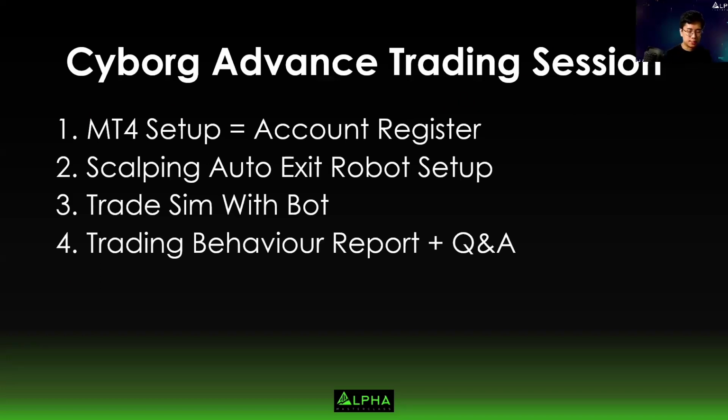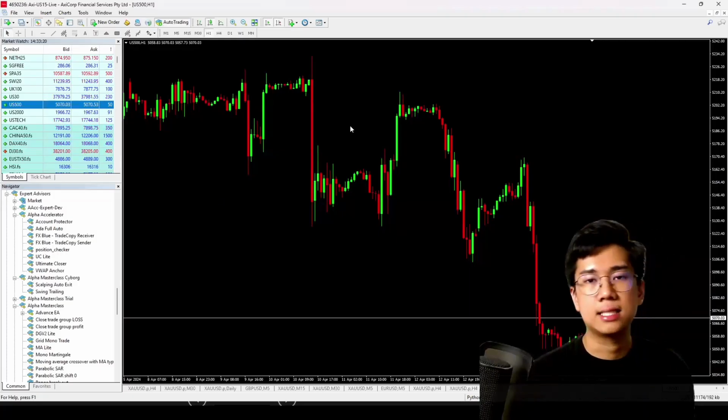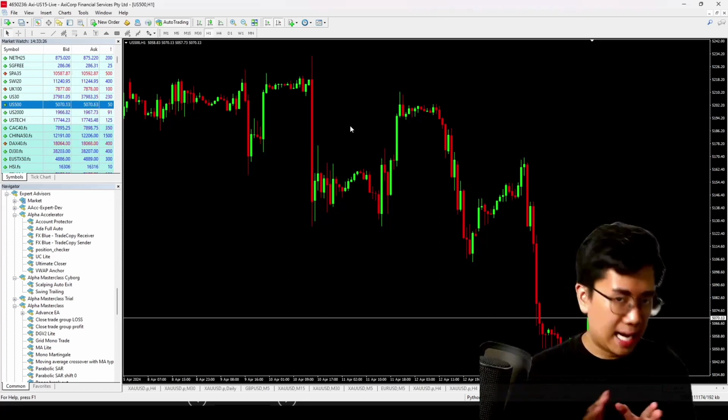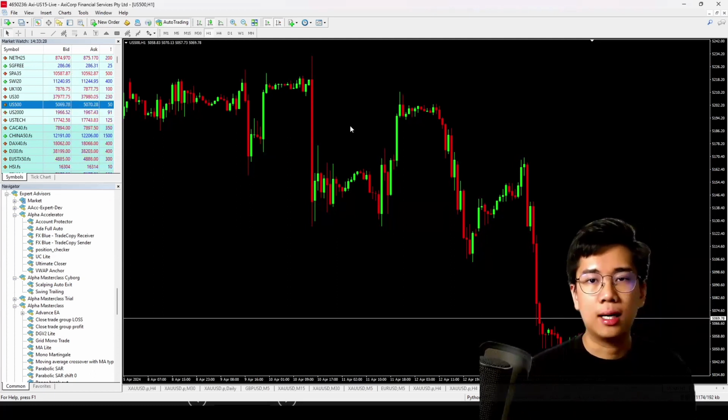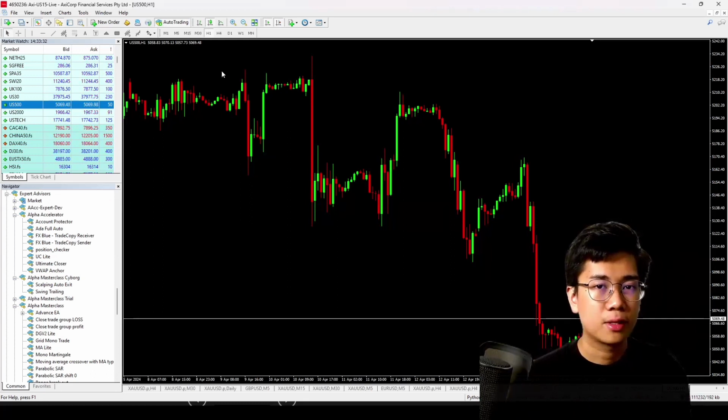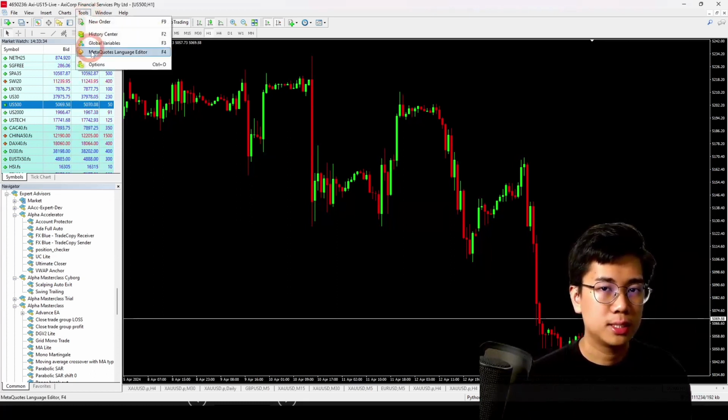All right, so what you guys are seeing right now on the screen is the MT4 platform. In this MT4 platform, before you can start to use anything, you need to allow DLL. How this works is that you go to Tools, Options, okay?